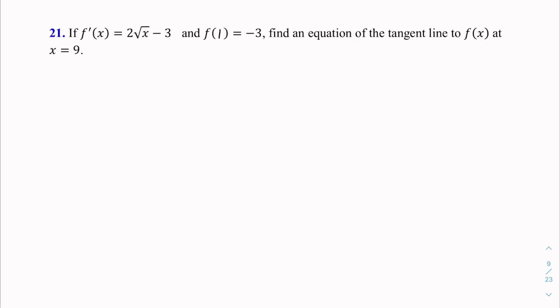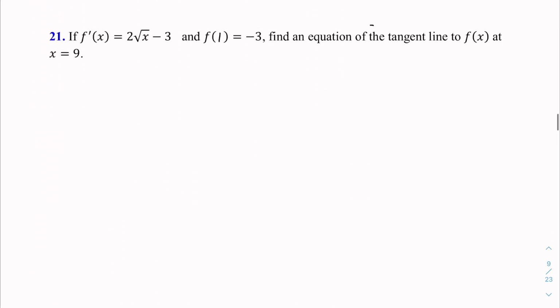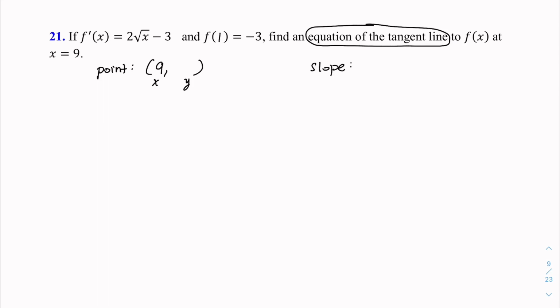Now this next problem asks us to find the equation of a tangent line to f at x equals 9. So always we know we're going to find a point, being 9 comma something. That's our x. We'll find the y. And our slope, meaning we'll find the slope at x equals 9.